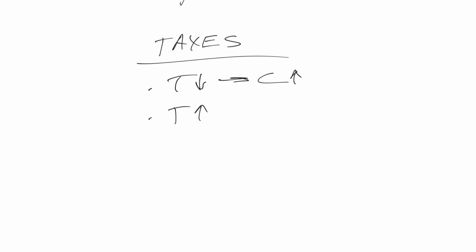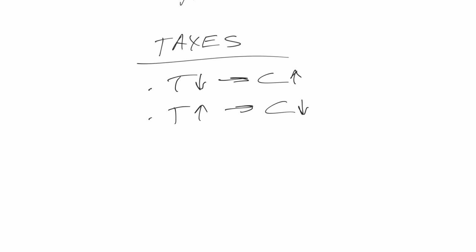Or if they increase taxes, that gives people less of their money to spend, and consumption falls, and aggregate demand falls. Of course, the multiplier and the crowding out effects are present here as well. So anytime you see a change in consumption or capital investment, the multiplier is going to be in effect, just like before.